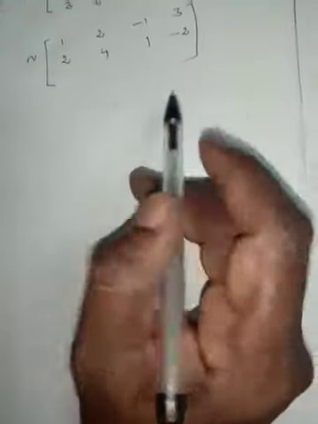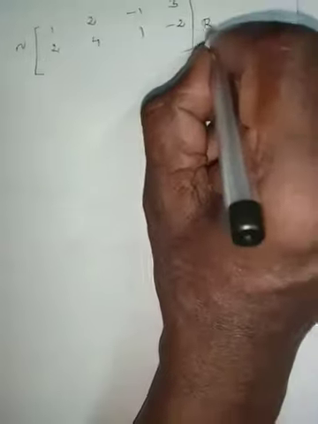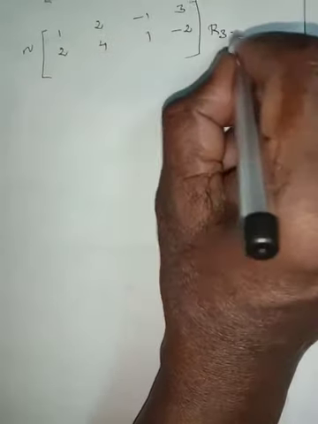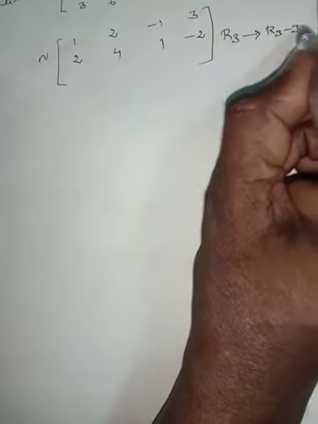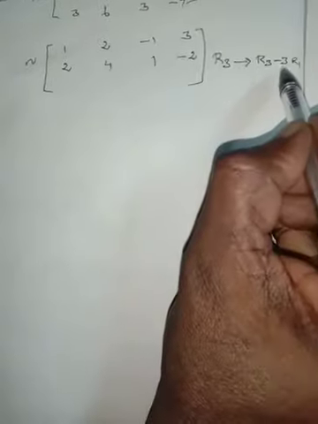In the third row, the first element will be 0. How to make 3 into 0? New R3 implies old R3 minus 3R1. Multiply the first row by 3 and subtract from the third row.